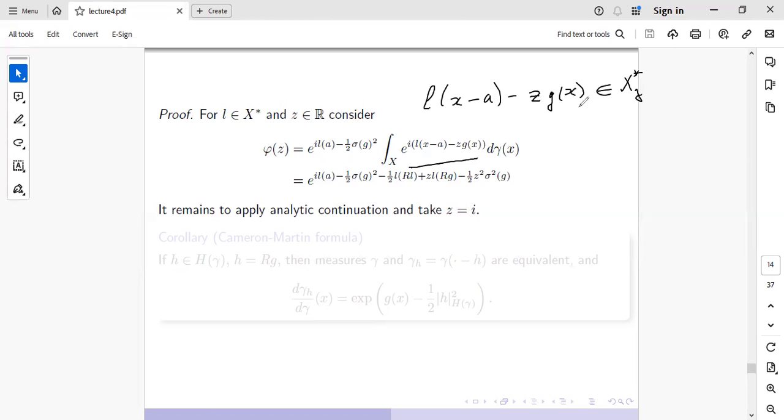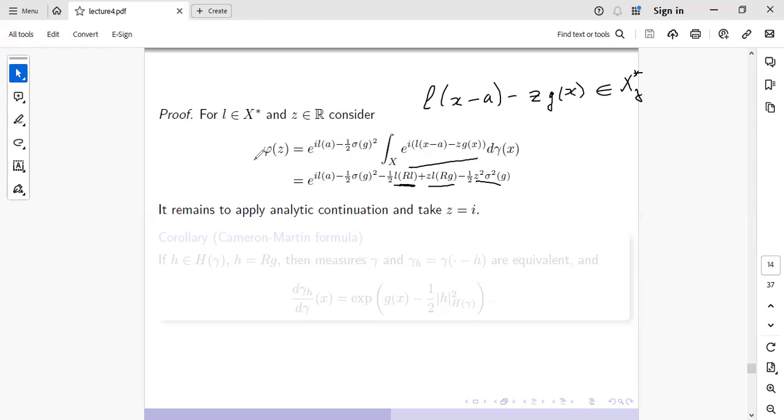So it has a Gaussian distribution with mean 0 and variance, which is the variance of L, which is LRL, minus 2z times the integral of the product of L and g, which is L(Rg), and plus the variance of zg, which is z squared σ_g squared.